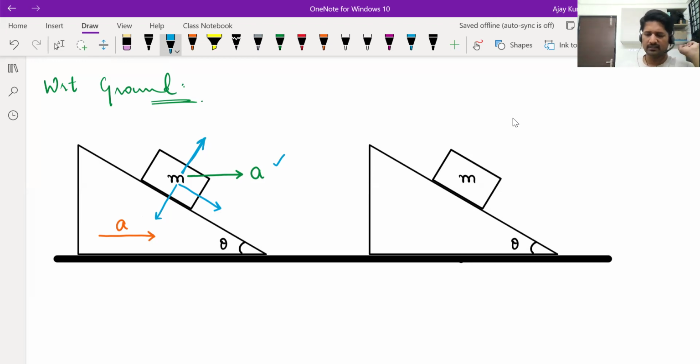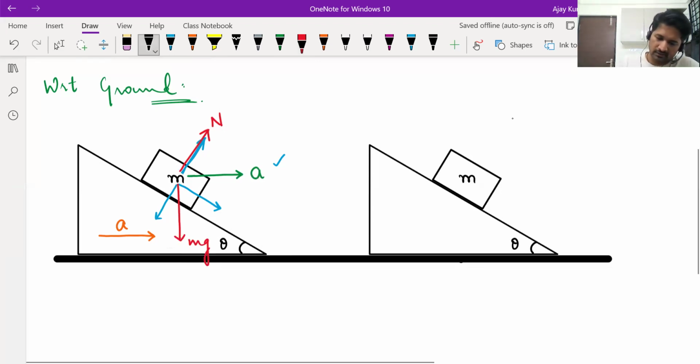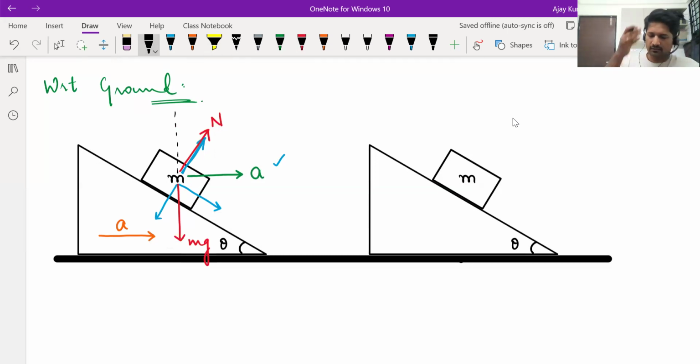But a slightly easier way would be to consider the normal force as it is and not resolve mg into components. Take mg as a single vector. How does that help? If you take mg as a single vector, you can visualize that the only forces acting vertically will be mg downwards and the normal's component upward. They should balance.